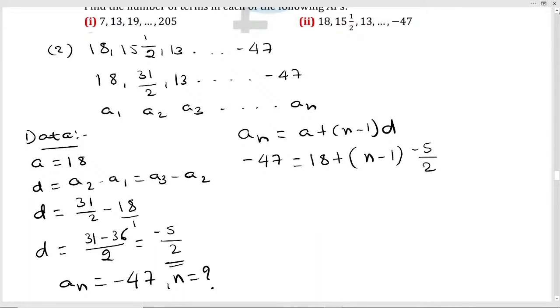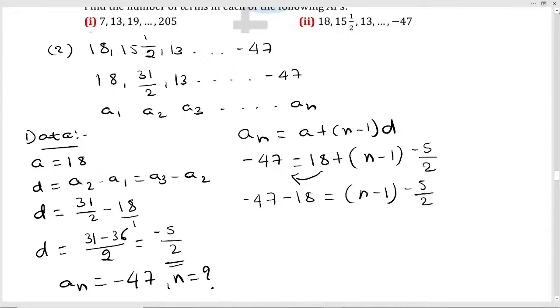So again, send 18 to the left hand side, it will become -18. So -47 - 18 = (n - 1) into -5/2.